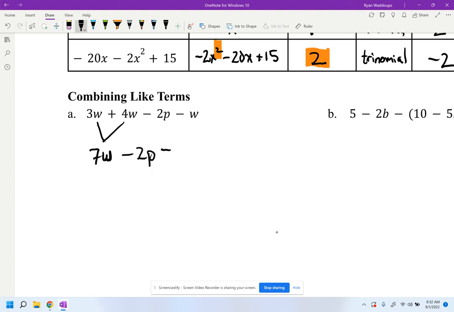And then I've got finally minus w. But these two are like terms, 7w and minus w. If I have 7 watches and I lose a watch, I'm left with 6 watches. And then I've got minus 2p. And so that's what this looks like. You cannot combine it any further, so we stop.